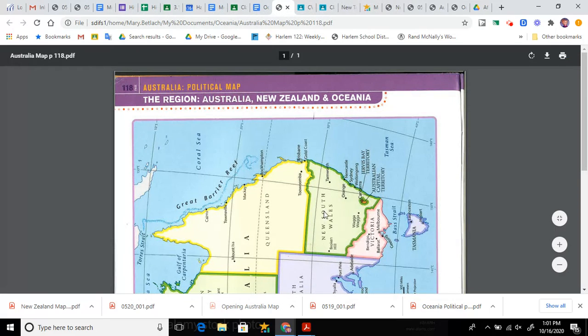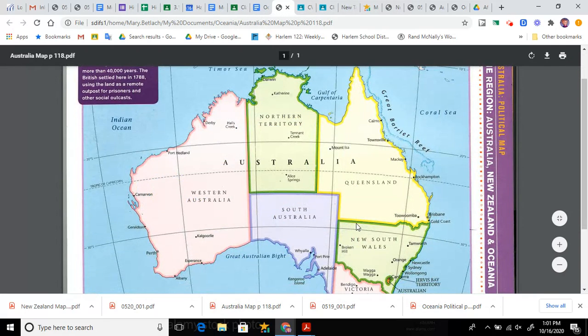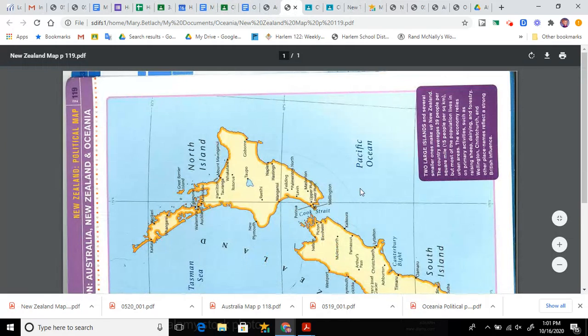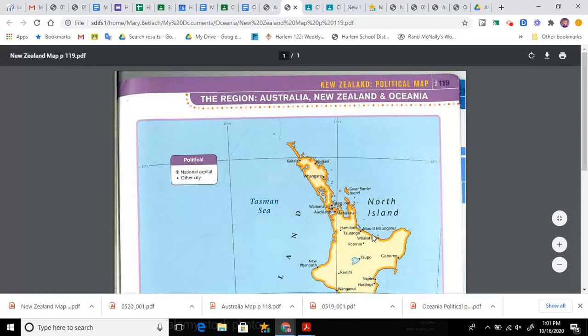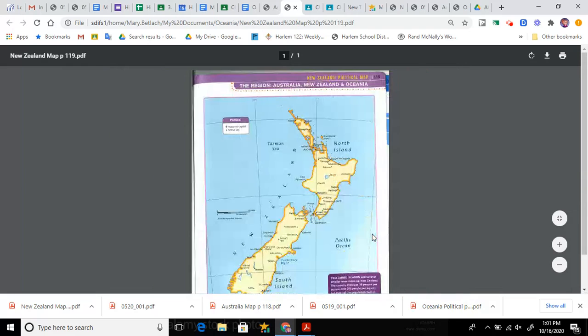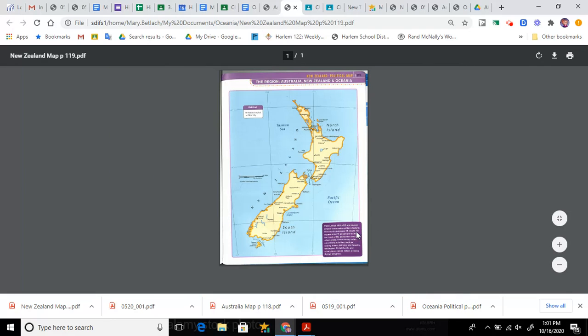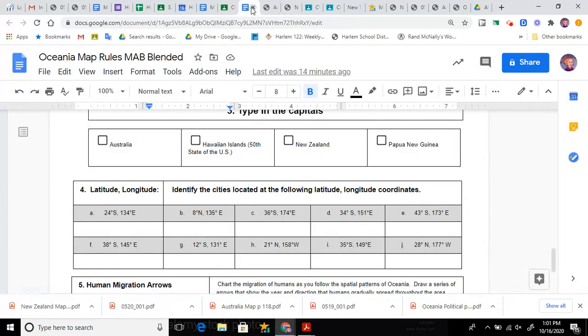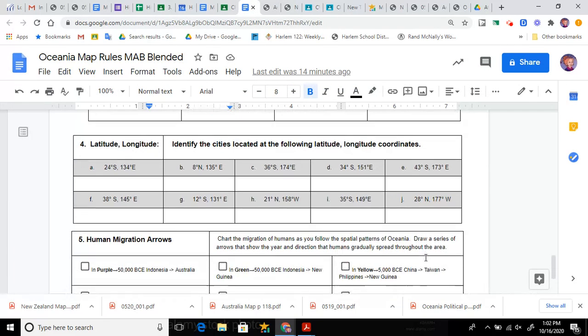These attached maps are going to help you to identify what city, for instance, what city in Australia or what city in New Zealand is going to be located at those coordinates. So use these other two pages, 118 and 119, to help you find what city is located at these coordinates.